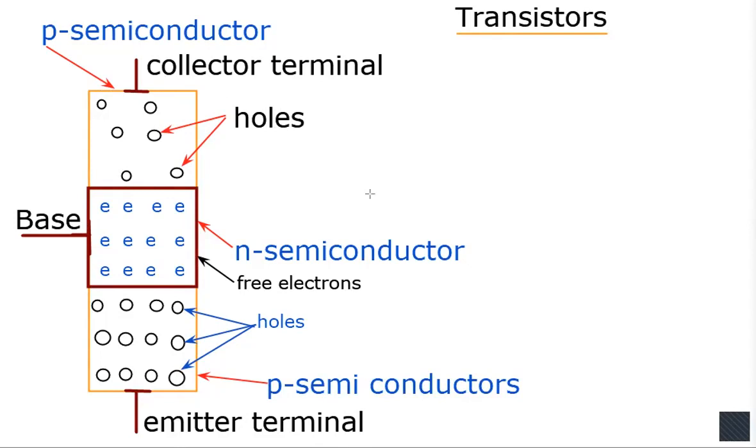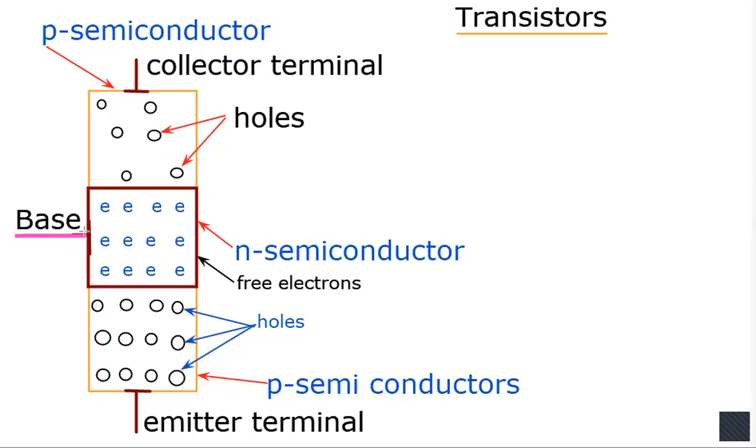PN junction, sir. So PN junction means what? Junction diode. Very good. If you connect a P semiconductor and a N semiconductor together, you get a junction diode.